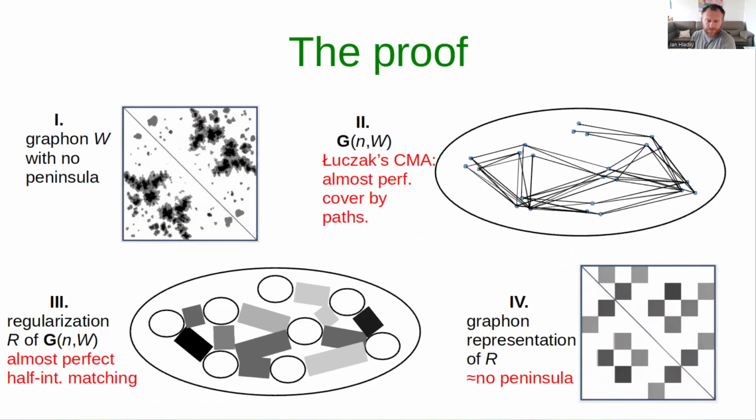You can work in such a metric, if you will. Okay, so we have the triangle inequality: R is close to W in the cut norm metric.